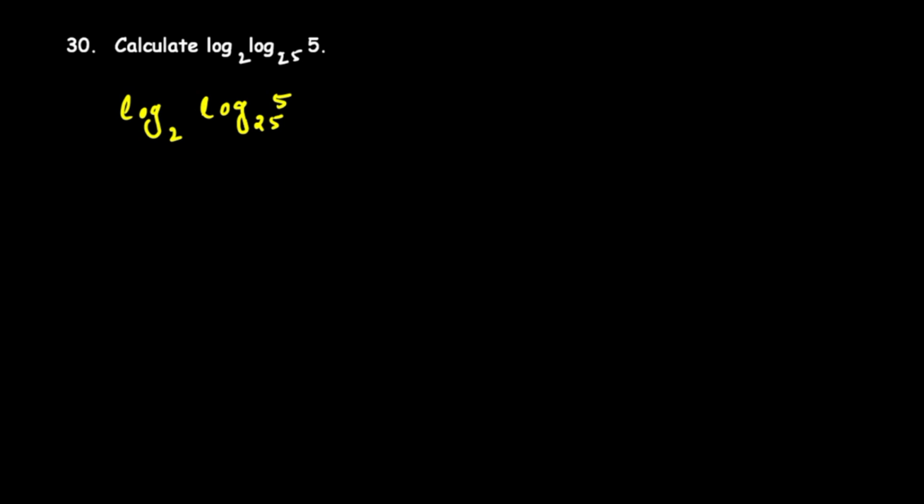Now we write log base 2, and for log 5 base 25, I am going to write log 5 to the power of 1, and 25 I am writing as 5 square. In the next step, don't disturb this log 2. Here it is in the form of log x power m base y power m, so we get 1 by 2 log 5 base 5.